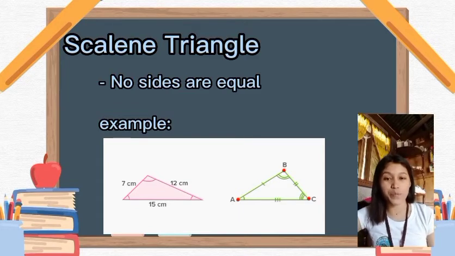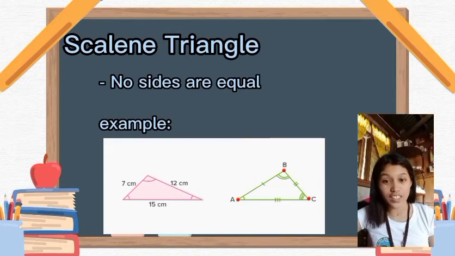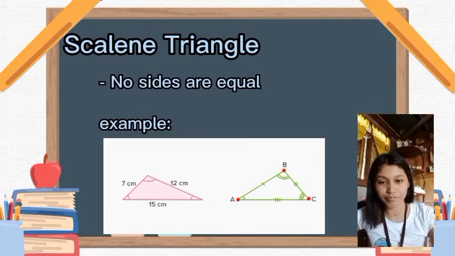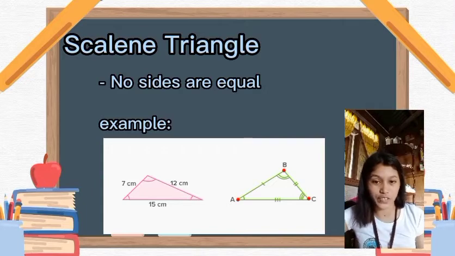If you look at the pictures, the measurements of the sides of the triangles are not equal. For example, the left side of the triangle is 7.07 centimeters, the right side is 12 centimeters, and the bottom side is 15 centimeters.